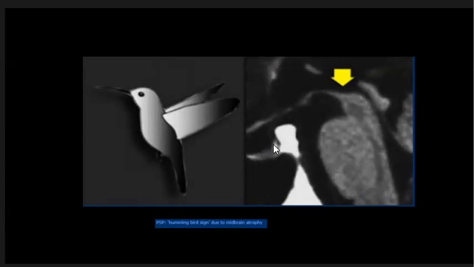patient with progressive supranuclear palsy, and this is the hummingbird sign.